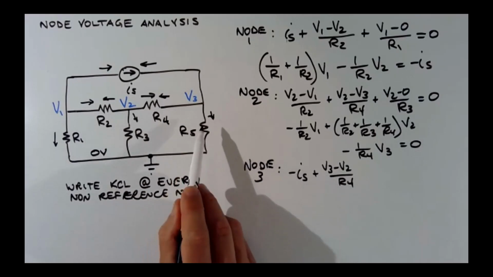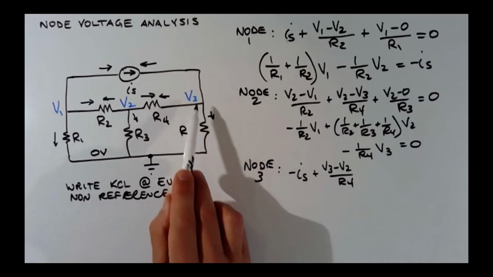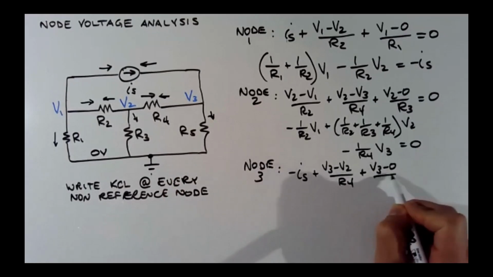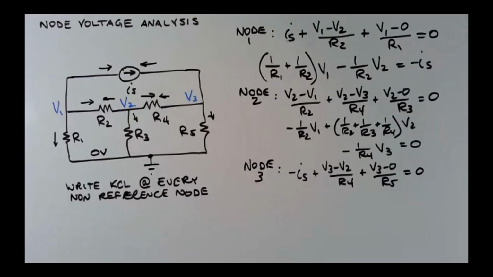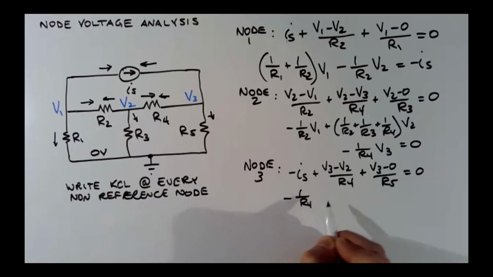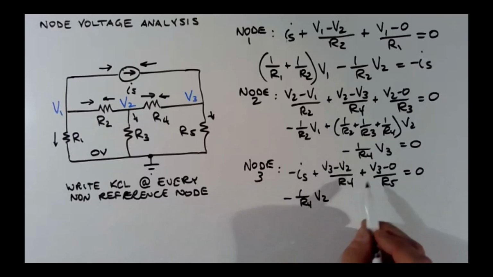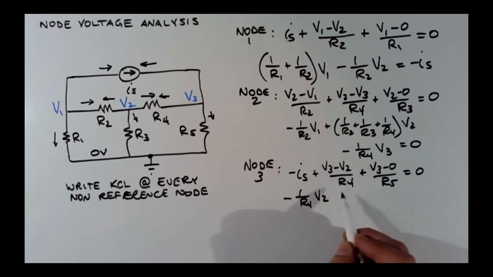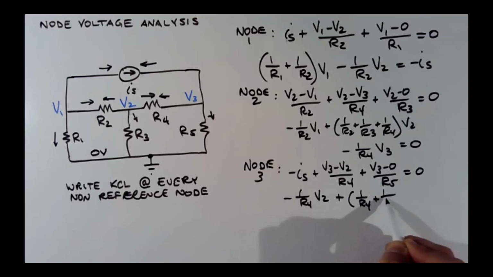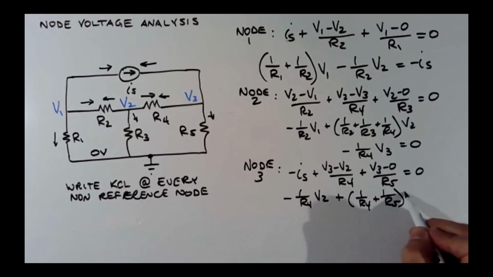And leaving down through R5 is V3 minus 0 over R5. That's the sum of currents leaving, set equal to 0. And then we can rewrite this. The coefficient of V2 is minus 1 over R4. The coefficient of V3 is 1 over R4 plus 1 over R5, and the right side is IS.